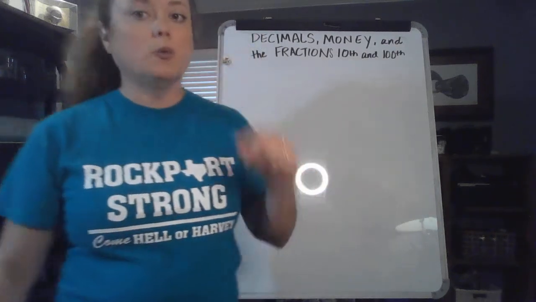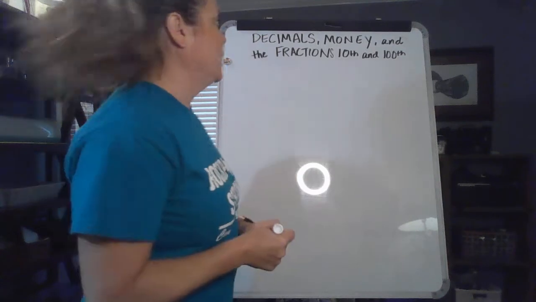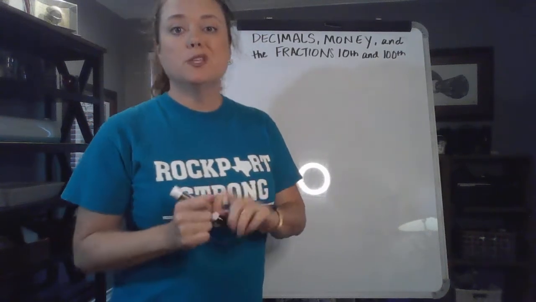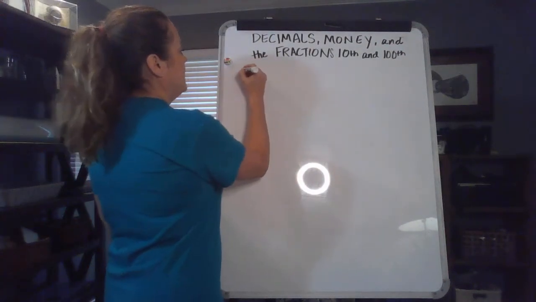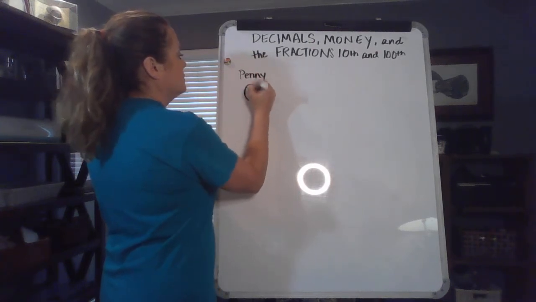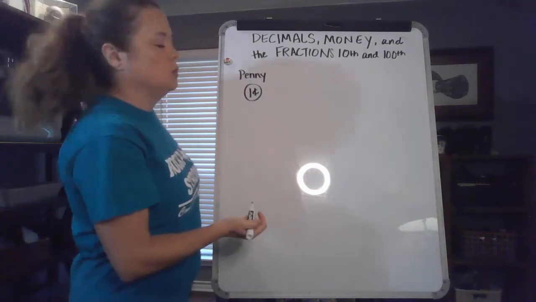Today we're only going to talk about the coin, the penny, and the coin, the dime. So let's start with the penny. Let's say I have 1 penny. Imagine this is a penny, 1 cent. It represents 1 cent.